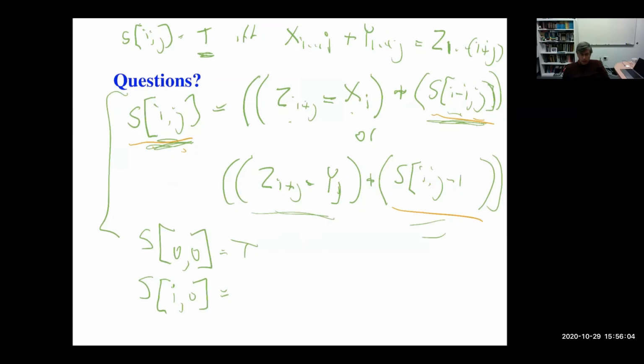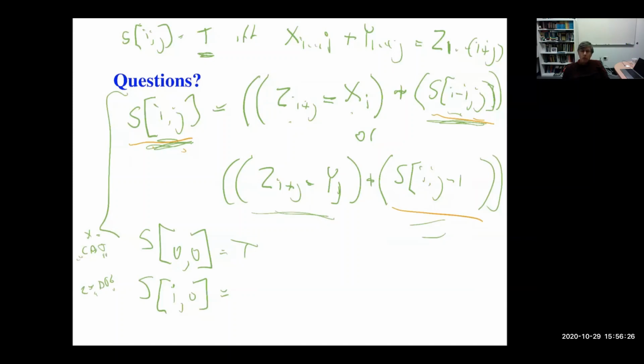Not necessarily. Suppose that my X is cat and my Z is dog. Can I put the first 3 letters of X into the first 3 letters of Z?